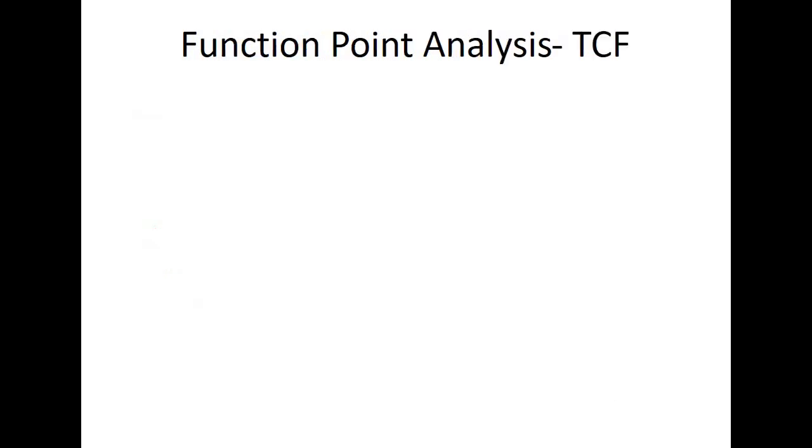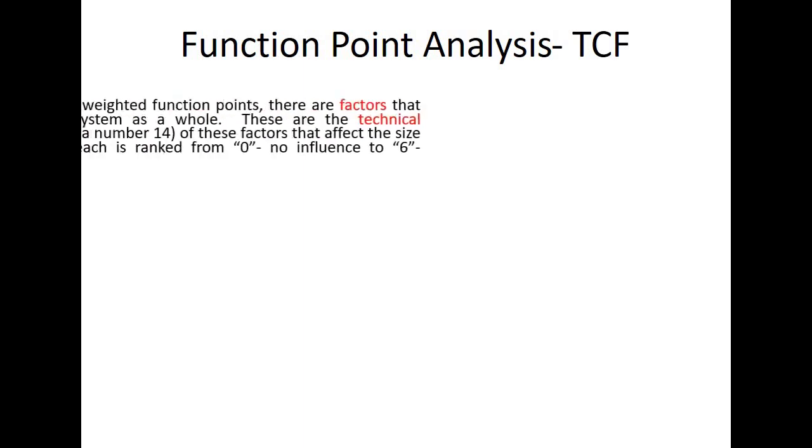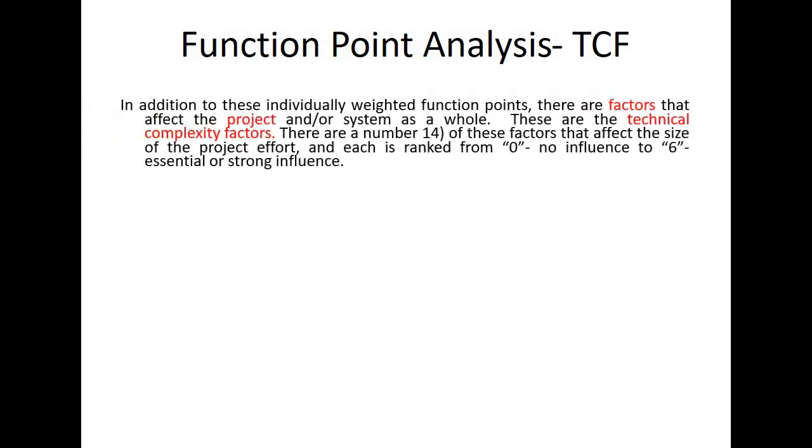Afterwards we come up with something called the technical complexity factors, right? In addition to these individually weighted function points, there are some factors that may affect the project or the system as a whole. These are called the technical complexity factors, and there are 14 of them.